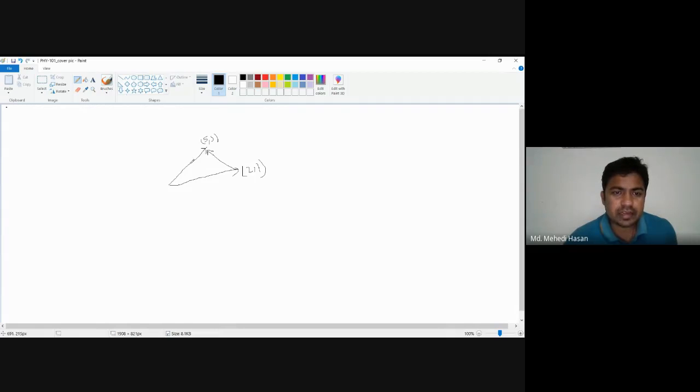Now you can write this vector as 5i plus 3j, and this vector as 2i plus j. According to the vector addition rule, if we consider this is vector A, this is vector B, and this is vector R, then we can say vector B plus R is equal to vector A.